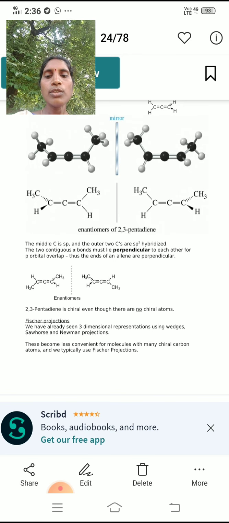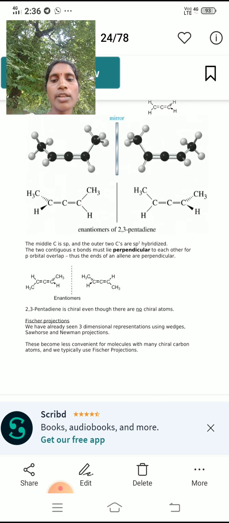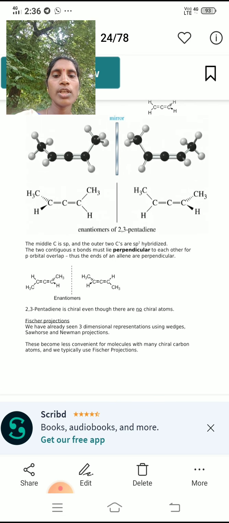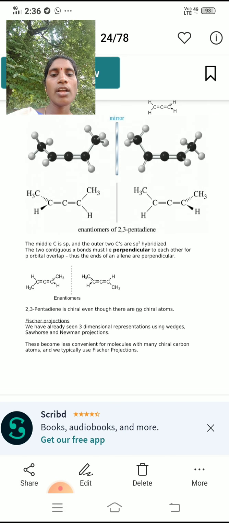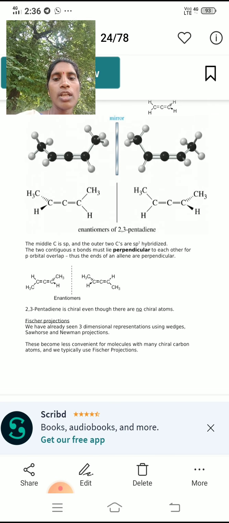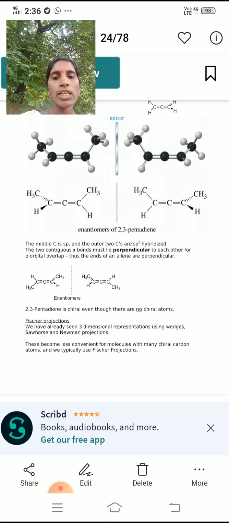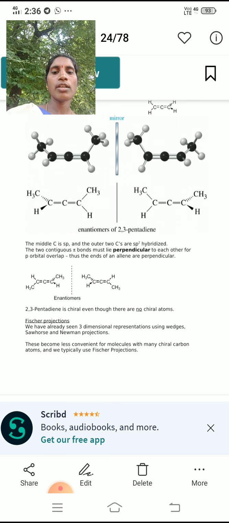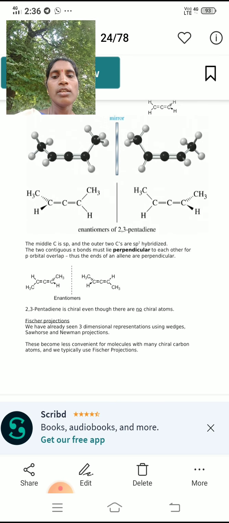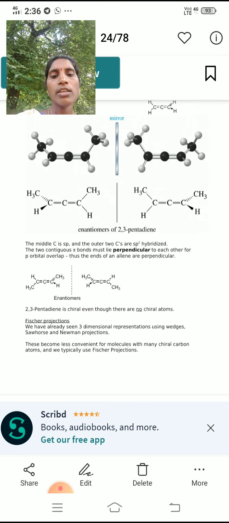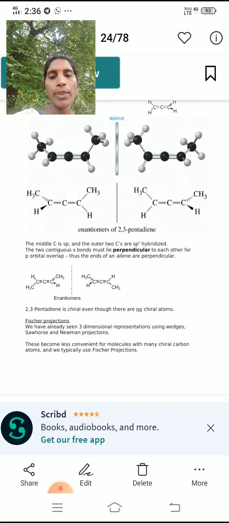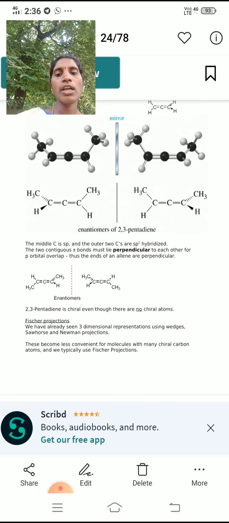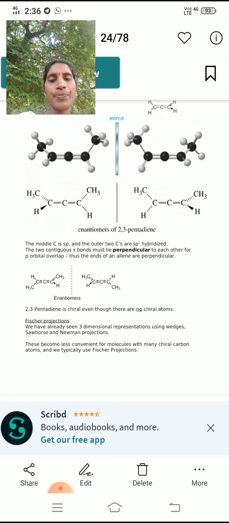So 2,3-pentadiene is chiral even though there are no chiral atoms. The allene molecule does not have an asymmetric center or chiral center, yet it is optically active, a chiral molecule.